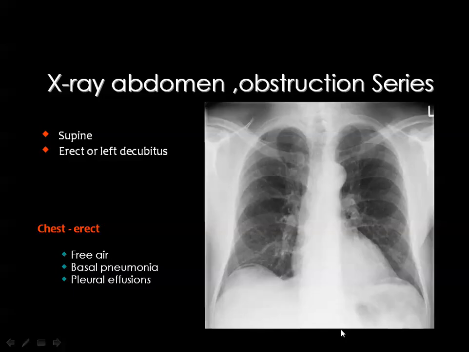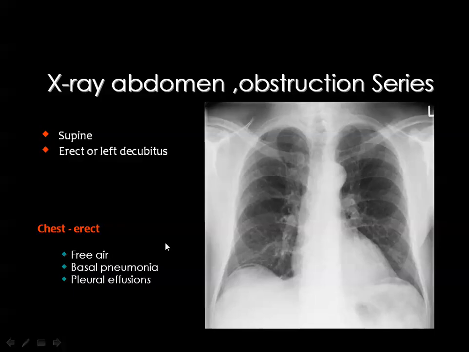And this is what we call the obstruction series, or the radiological series for the diagnosis of intestinal obstruction. We should have the supine and the erect film. And if the patient is unable to be radiographed in the erect position, we may obtain the decubitus position, especially the left one, to show air between the liver and the diaphragm.